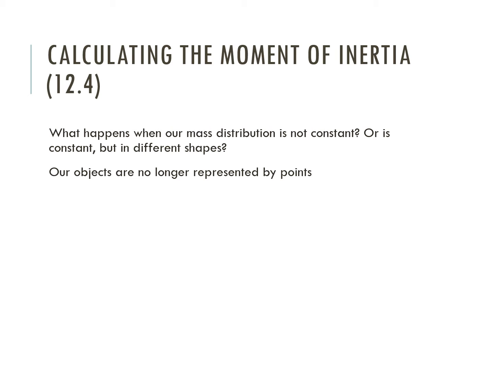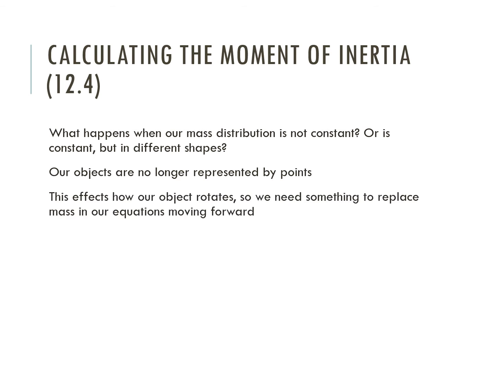Typically, we're going to be making those x and y. So because mass distribution, or the shape of my mass, is going to affect how an object rotates, we are going to need something to replace mass in our equations moving forward.